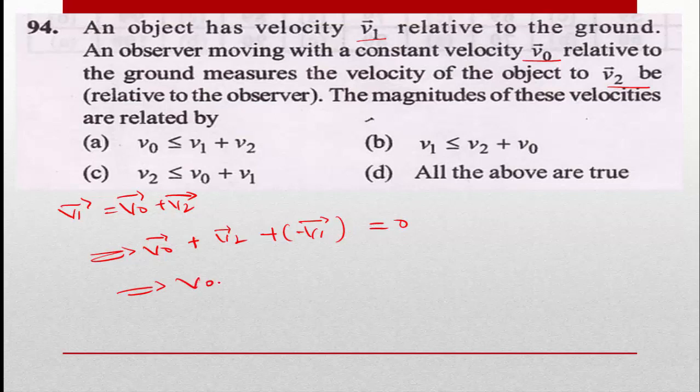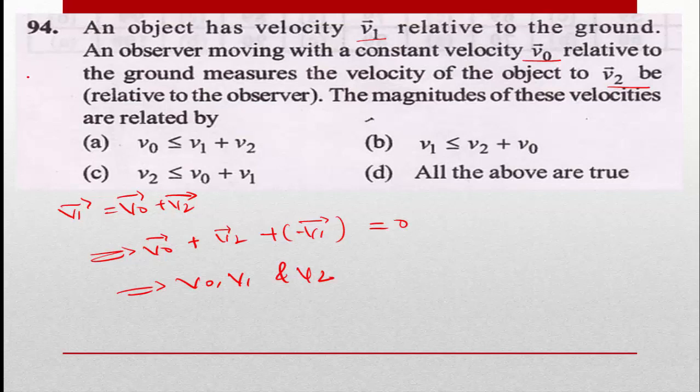Here, v0, v1 and v2 will be the sides of a triangle, and we know that the sum of any two sides is greater than the third side of the triangle. Which option? All are true.